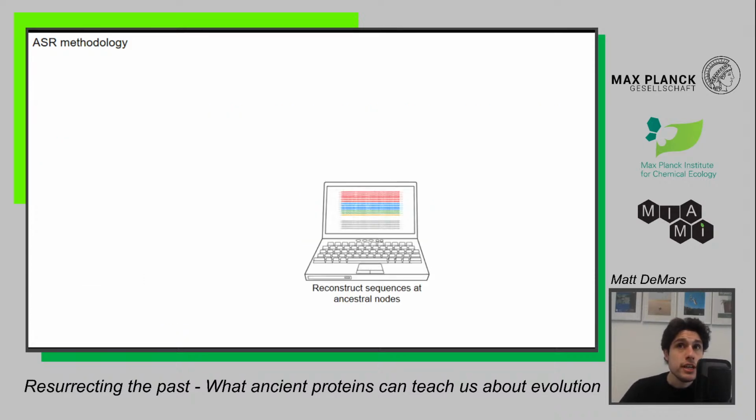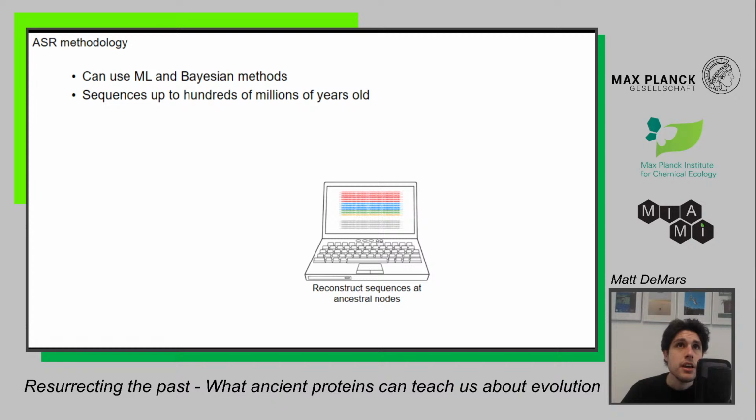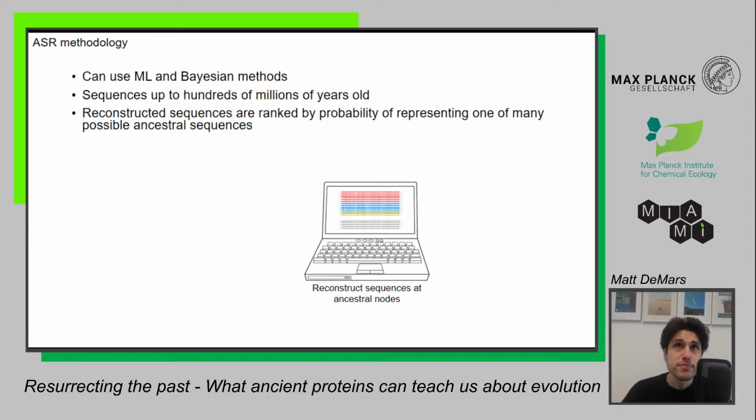So once you have your tree, you can start to reconstruct your sequences at the ancestral nodes. Again, you can use ML or Bayesian methods for this. Sequences you can reconstruct can be up to hundreds of millions of years old. I think the record is on the order of the age of life itself, 4 billion years. The reconstructed sequences are ranked by probability of representing one of many possible ancestral sequences.